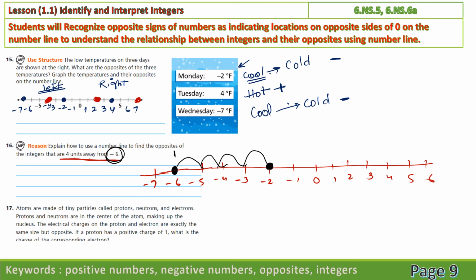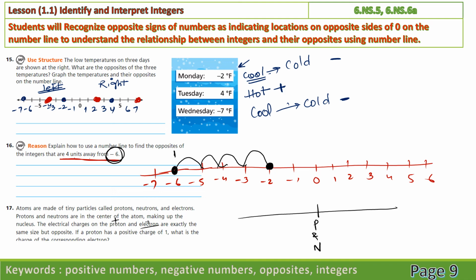Atoms are made of tiny particles called protons, neutrons and electrons. Protons and neutrons are in the center, making up the nucleus. The electrical charge on the proton and electron are exactly the same size but opposite.